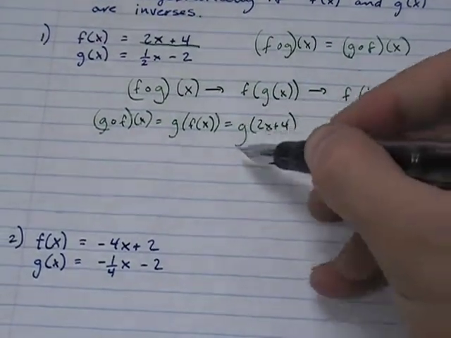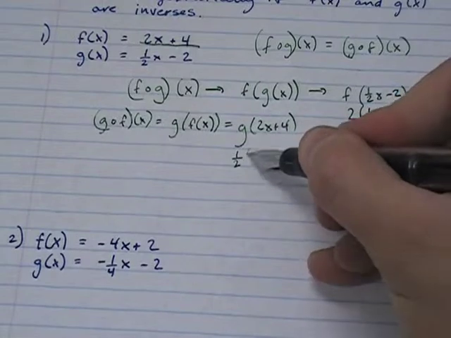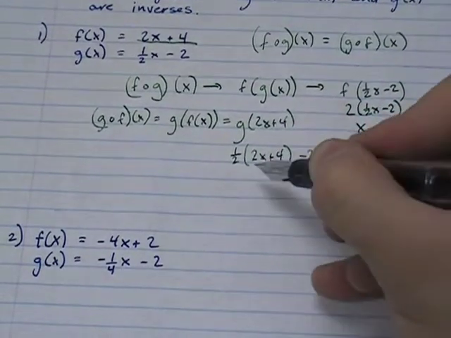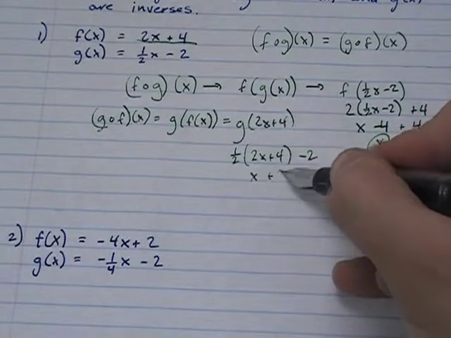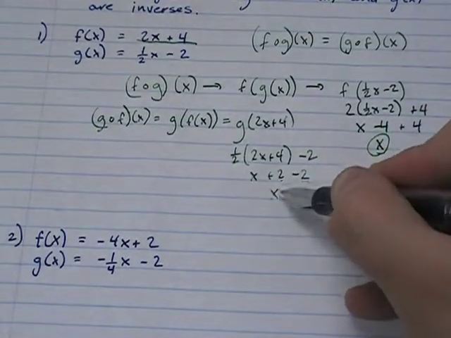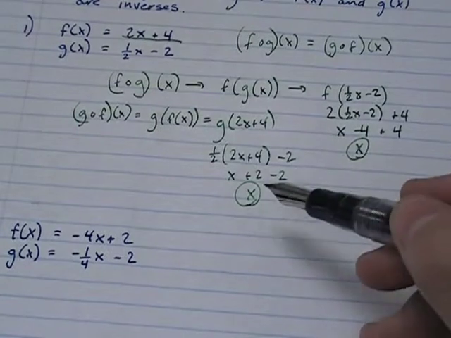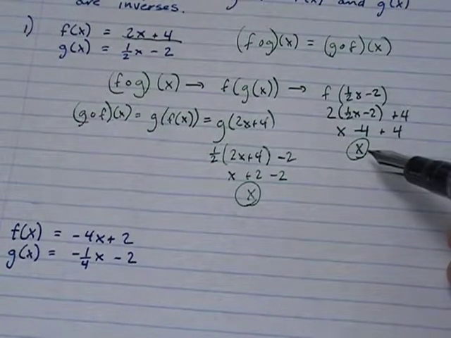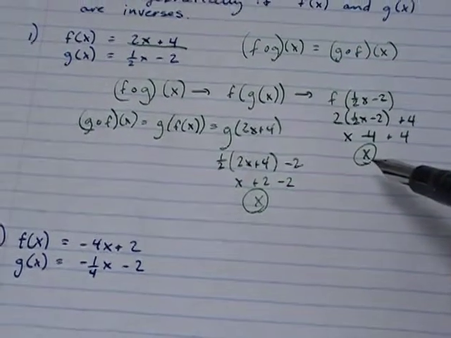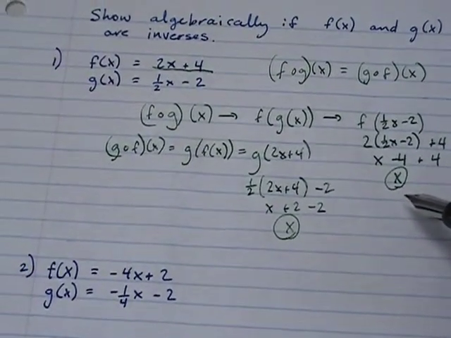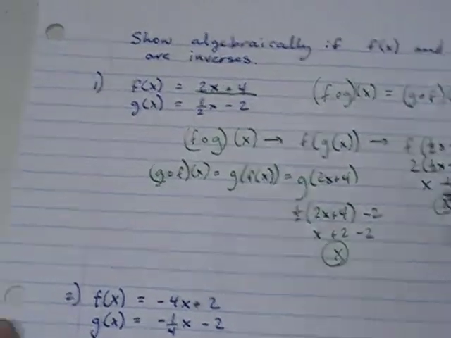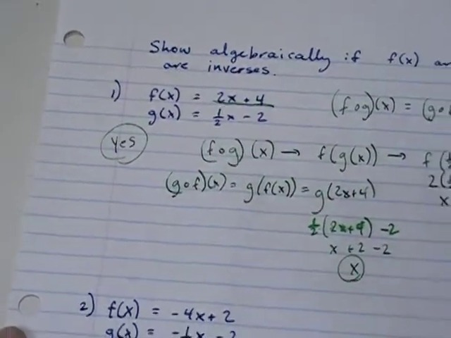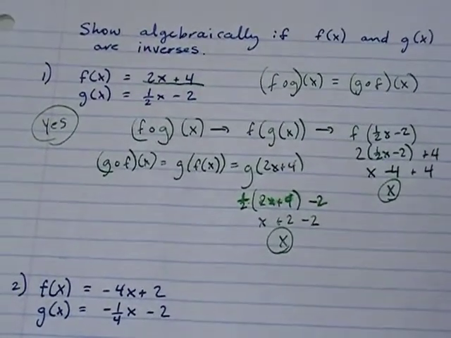Well, g of 2x plus 4 is 1/2 times 2x plus 4 minus 2, which is x plus 2 minus 2, which is x. So g of f of x equals f of g of x. So then we go back to the original question. Are they inverses? Yes or no? And the answer is yes, they are inverses.